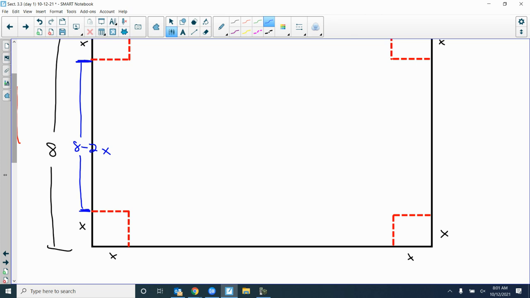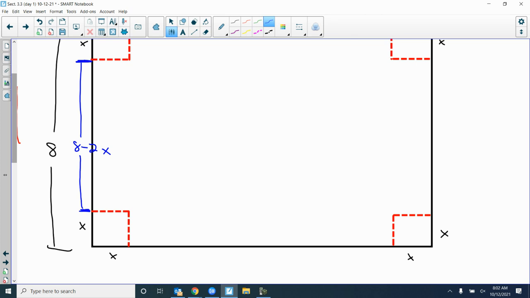Is it X? No. I need a number. Is it 8 by 15? 8 by 15 is the length. So we're cutting a piece of that out.